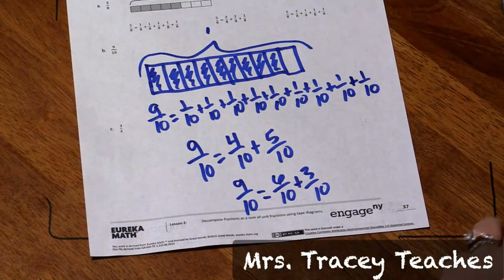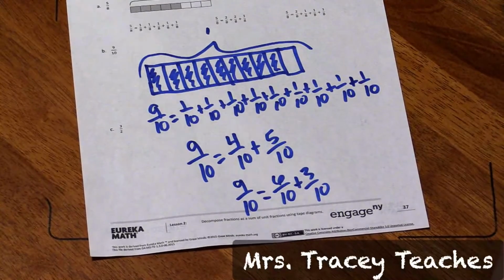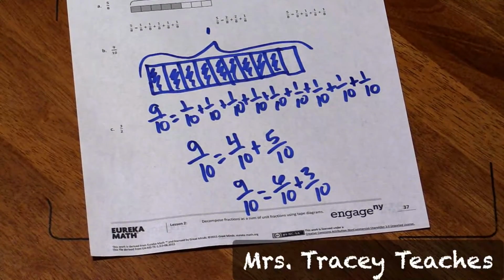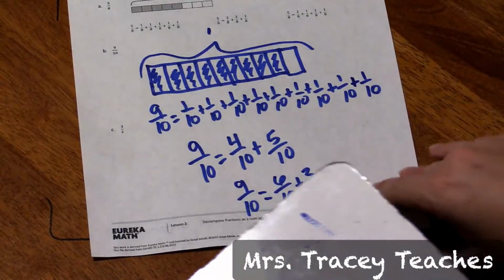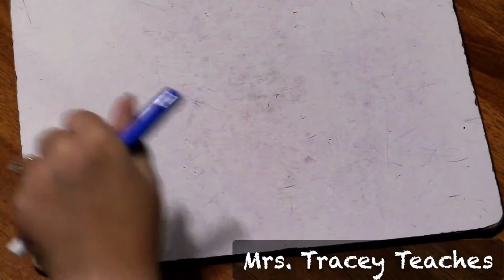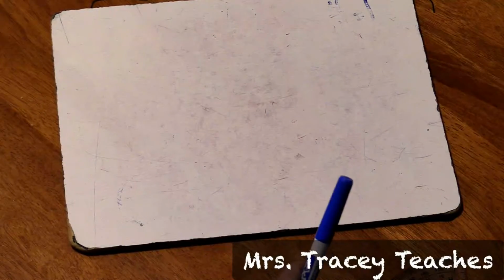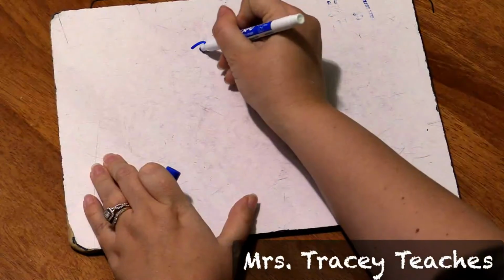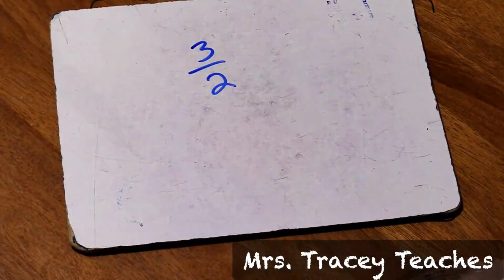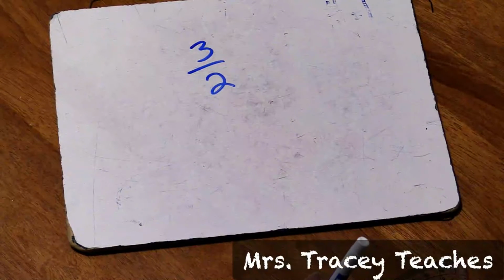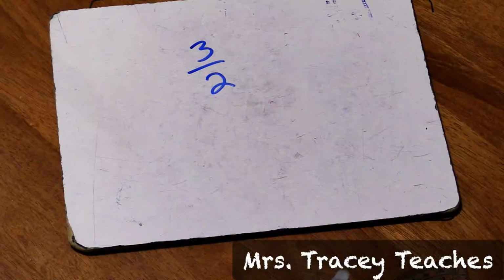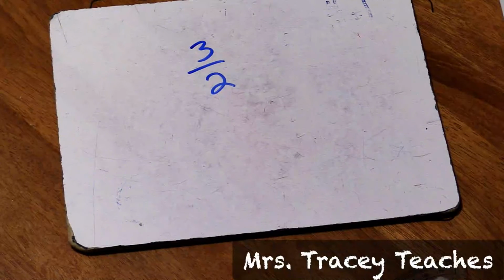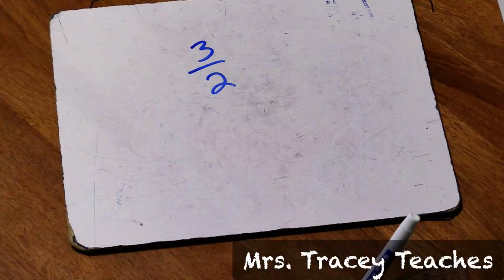The next one we try is 3/2. So this one is an improper fraction. And so remember, when I have 3/2, that is an improper fraction because there are more on the top than there is on the bottom.